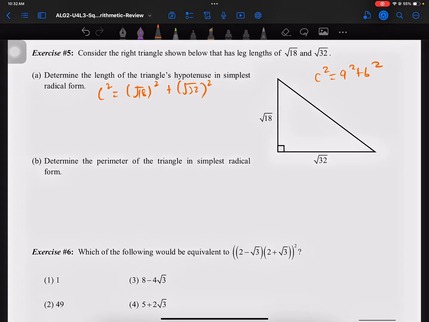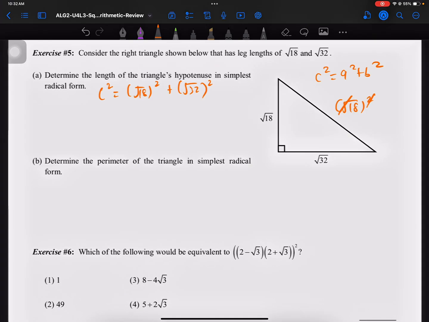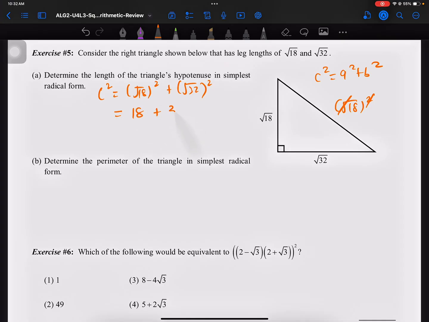When you square a square root, they cancel. For the first one, √18² is cancelled off. So it is 18 plus 32. So C² is 50. And to find C, we take the square root of both sides, so it becomes √50.